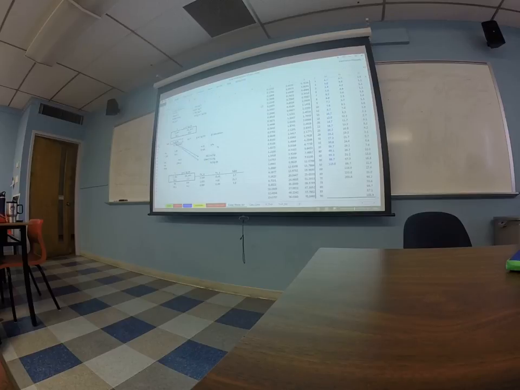So there are two cells that depend on that one, and those are these two enthalpies here. Those enthalpies are the enthalpy of air at saturation temperature and the enthalpy of the water vapor at the saturation temperature, okay?